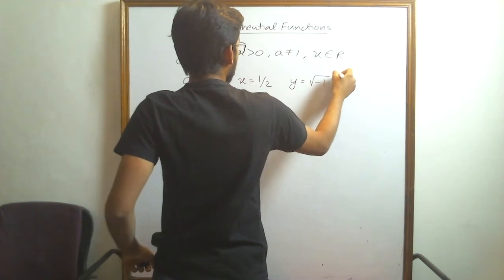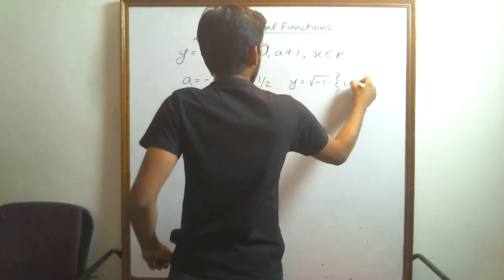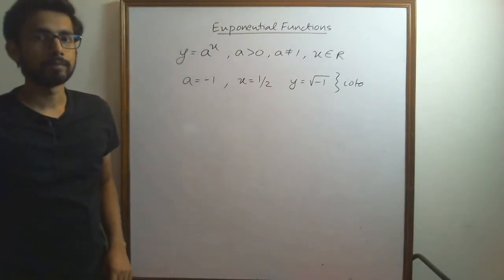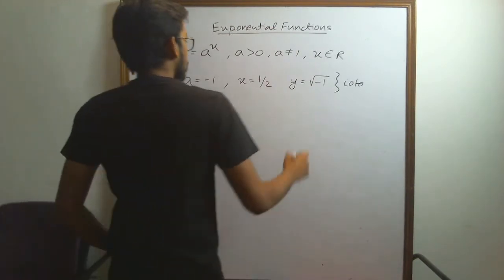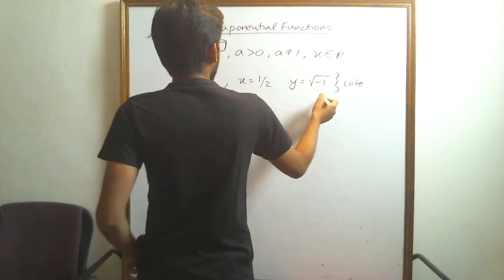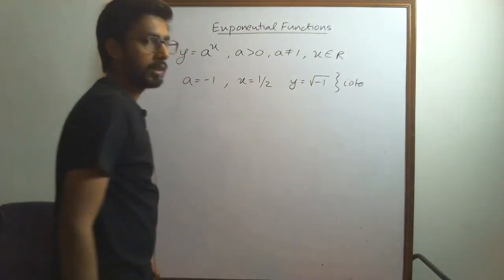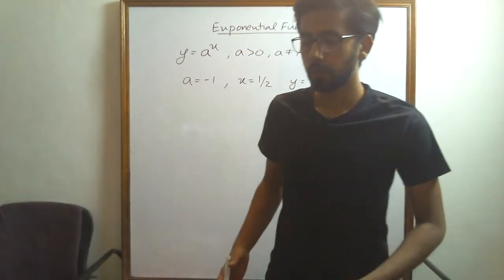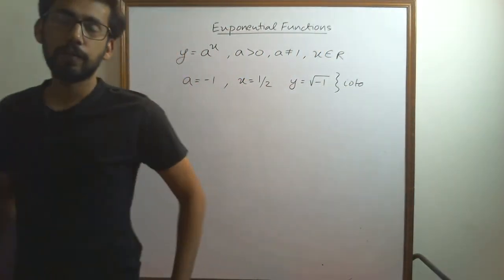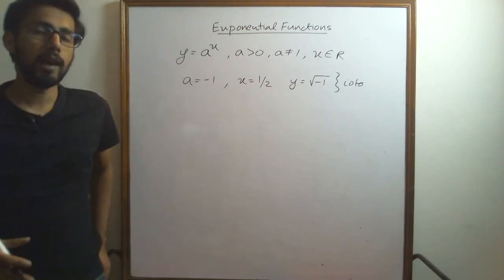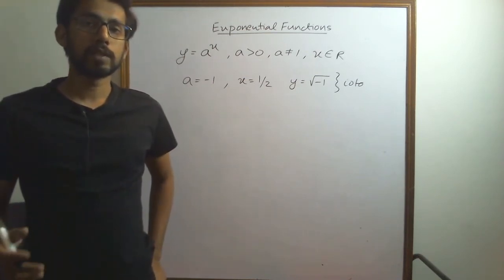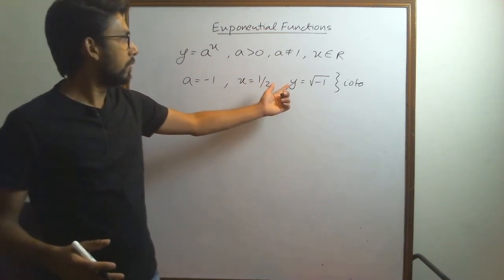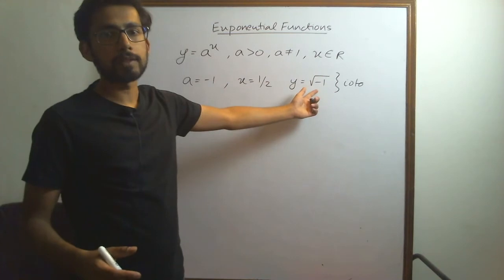This is actually iota, which is a complex number and an imaginary number. Since we want the range only to be real numbers, because we are talking about real functions, and real functions mean functions in which domain and codomain both are subsets of real numbers, what is happening here? y is coming out to be a complex number.